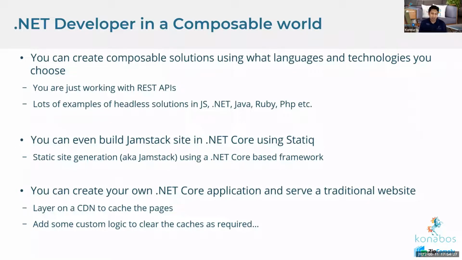And you can actually build Jamstack sites using .NET Core. There is a framework called Statiq, and you should take a look into it. The concepts within that are actually kind of familiar for us Sitecore developers.